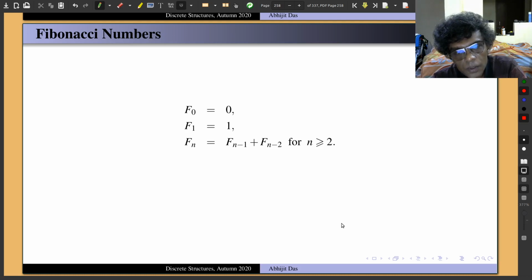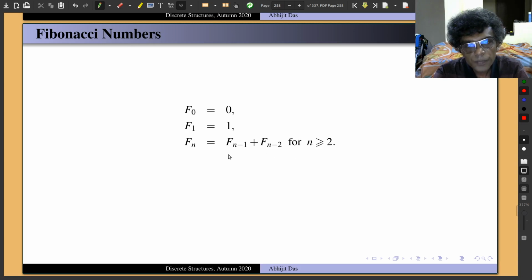Okay. So, this is once again, you see, a linear recurrence. Coefficients are constant, 1 and 1. And there is no extra term here. So, this is called a homogeneous equation. Anyway, more about this is coming in the next section.